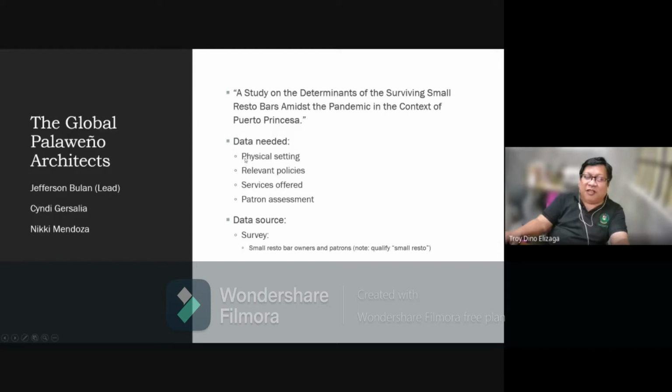I forgot to write here the names of the establishments which should be included in the study, their physical setting, the relevant policies, because there might be policies that attracted the people, for example, policy on health, cleanliness, or even about sanitation. And then what are the services they offered, including the products that they offer, the food, and then you need to know the assessment of the patrons.